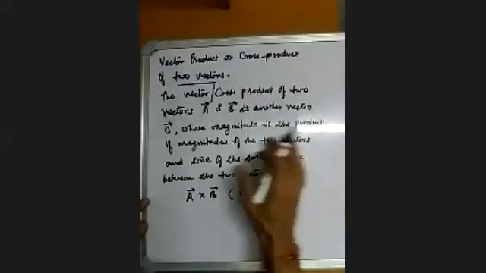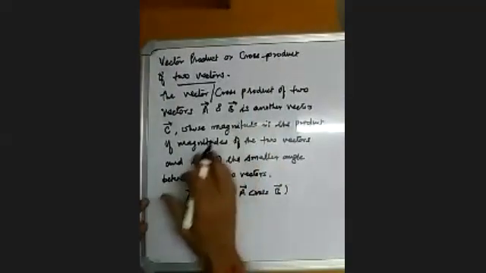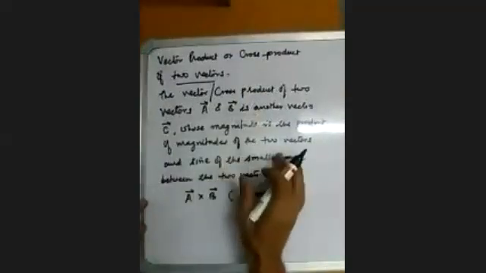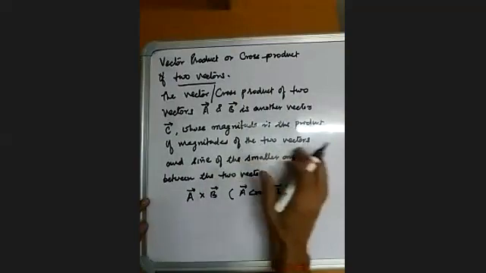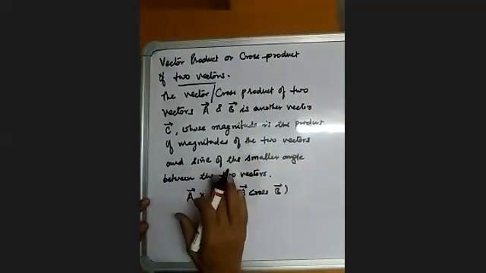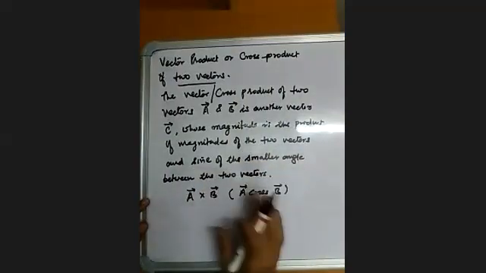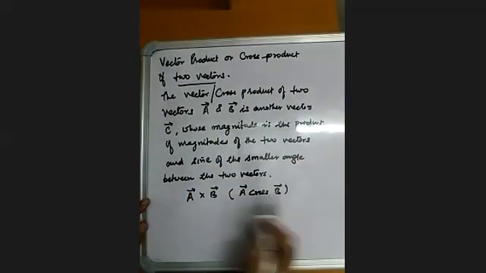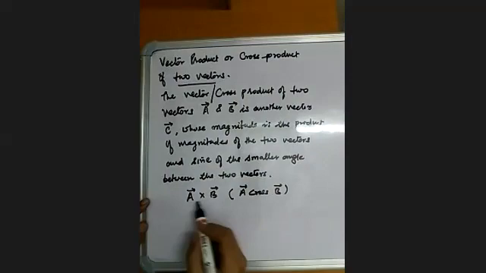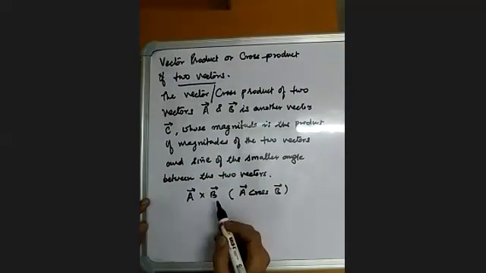And the magnitude of the result of the cross product of two vectors is the product of the magnitudes of the two vectors and the sine of the smaller angle between the two vectors. So A cross B, that is how we represent the cross product of two vectors.